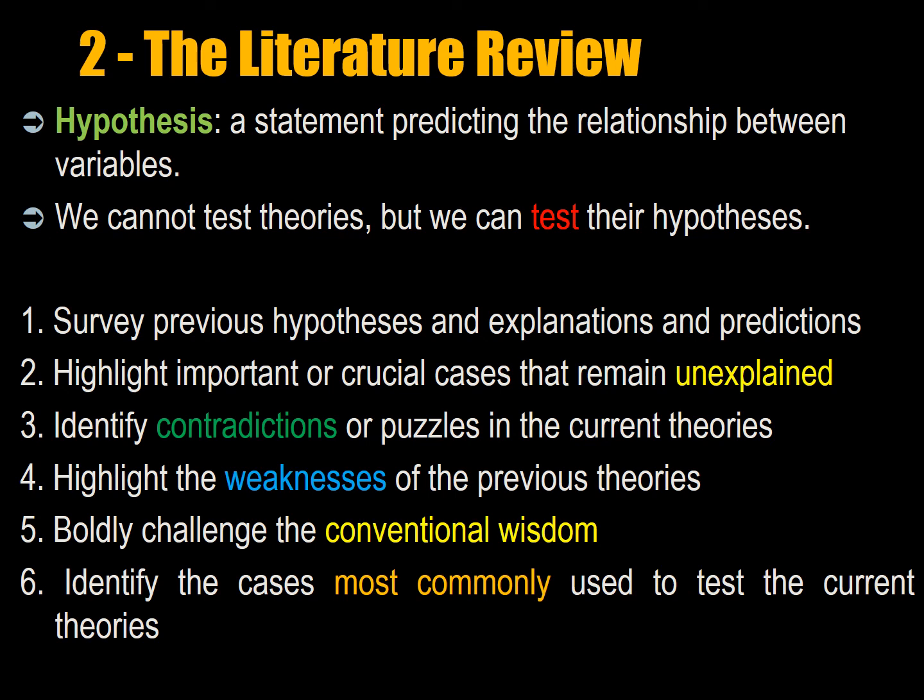Explanations are mechanical descriptions of how things work, and predictions are if-then statements. If we see these, then those other things are going to happen. We want to highlight important or crucial cases that remain unexplained. An important case could be the case of, say, World War I. World War I is frequently used as a case of an accidental, unintended, undesirable war, and is used as a model for how a nuclear conflict could break out.